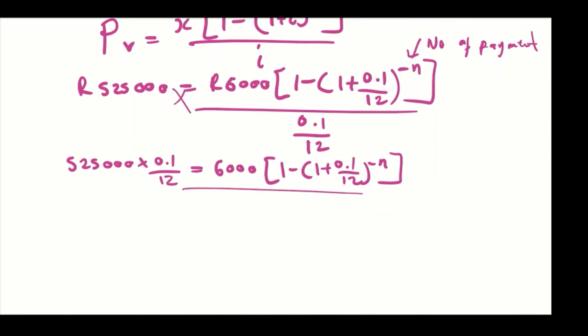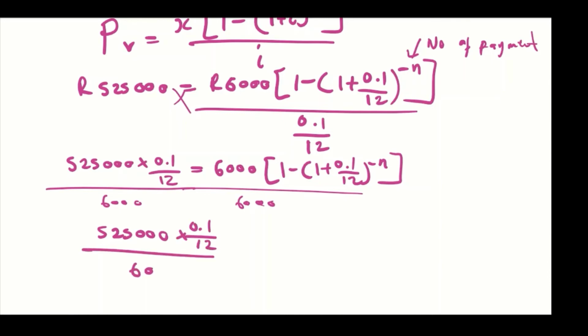And we divide by 6,000 both sides, and we'll have 525,000 multiplied by 0.1 over 12 divided by 6,000 equals 1 minus 1 plus 0.1 over 12 to the power of minus n.